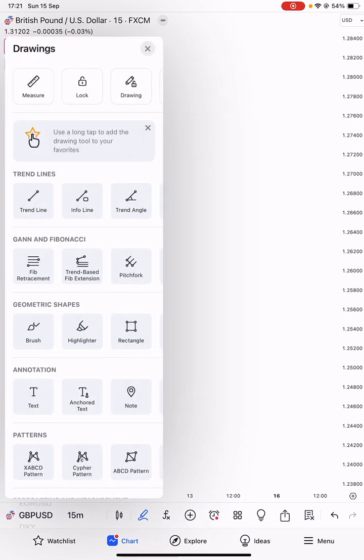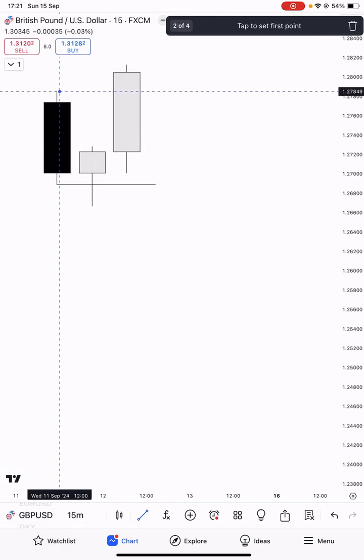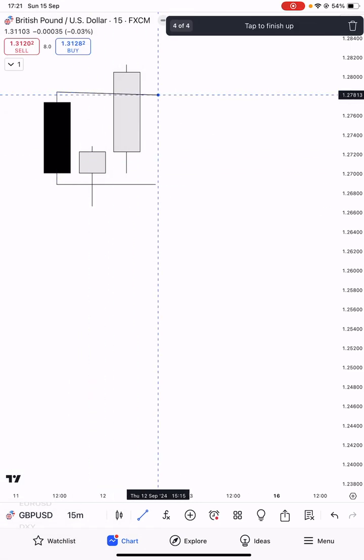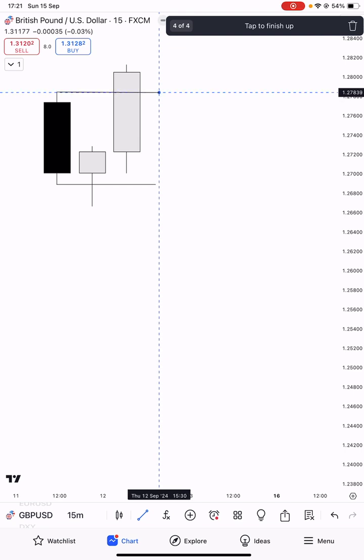So you have a Monday low, Monday high, and you take, obviously with context, otherwise it will be a pattern.